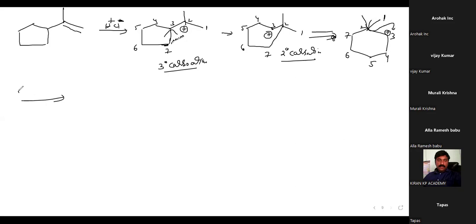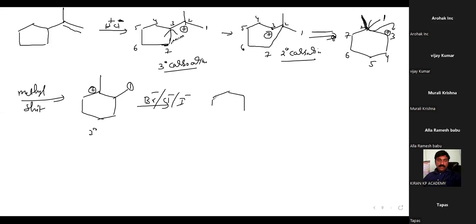Once the methyl shift happens, we will be getting a positive charge over here. You can shift either the first carbon or this methyl, anything doesn't matter. Now you got a 3-degree carbocation. Once the 3-degree carbocation has formed, whatever nucleophile, Br, Cl or I minus, comes and attacks at this place. We will discuss more questions on ring expansions.